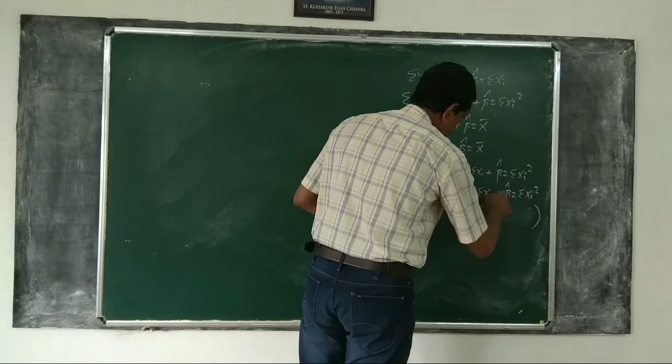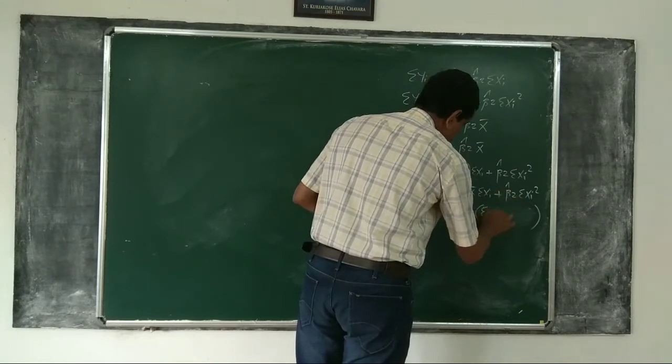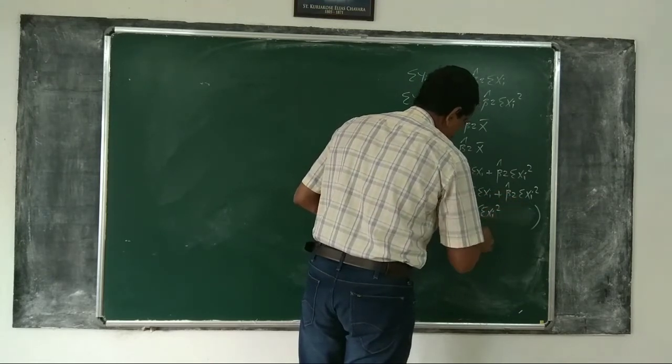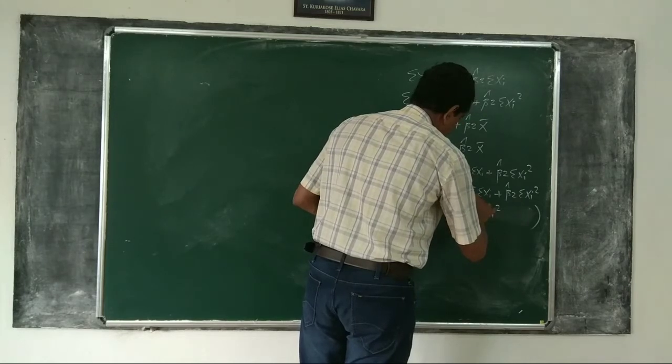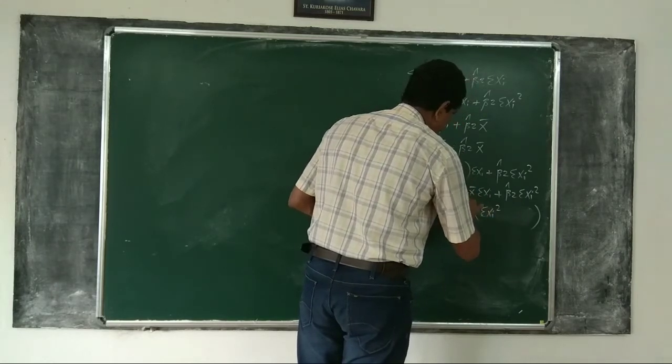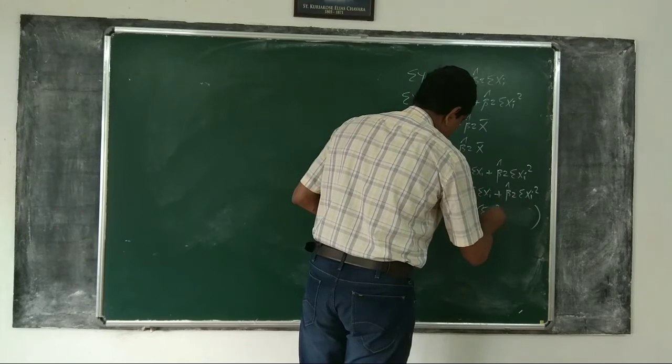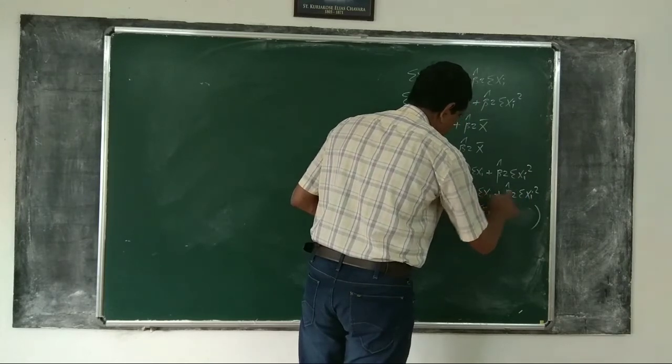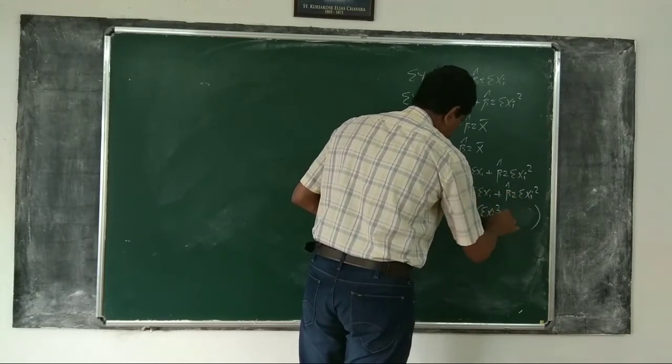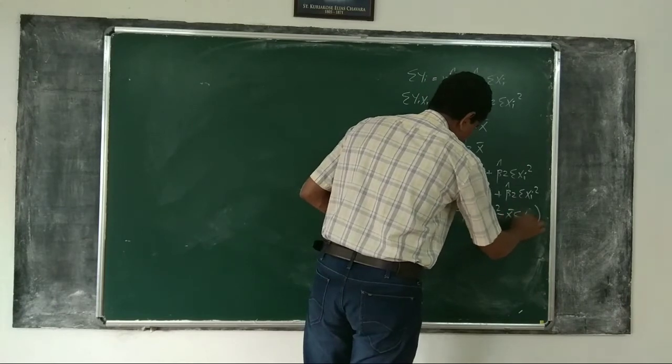This term becomes negative, so sigma xi square minus x bar into sigma xi.